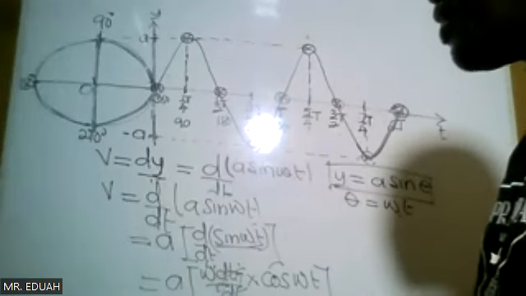So the maximum velocity occurs at the mean point or at the equilibrium position. When the body is about to cross this point, we call it the mean point, it crosses it with the maximum velocity. So we say the maximum velocity occurs at the mean point. The minimum velocity occurs at the extremes, at the amplitude.